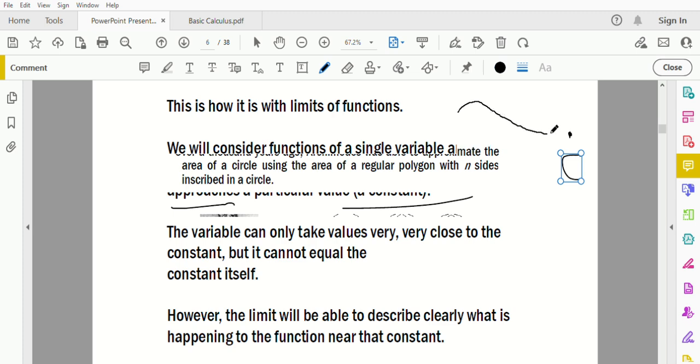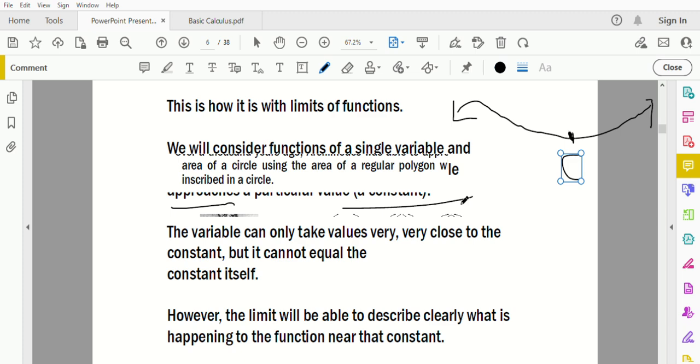We will study the behavior of the function as the variable approaches this. What happens to the function?